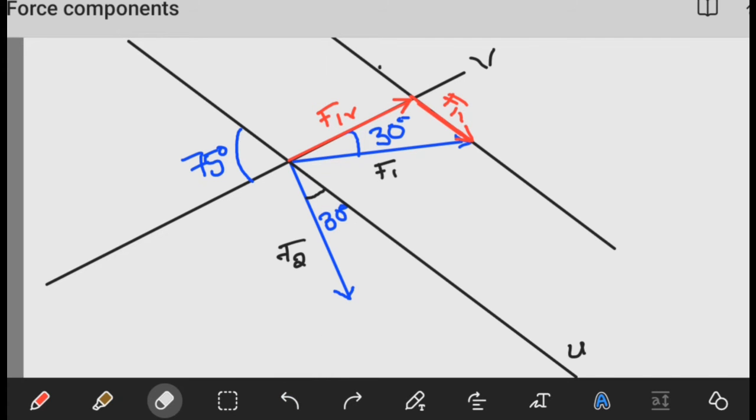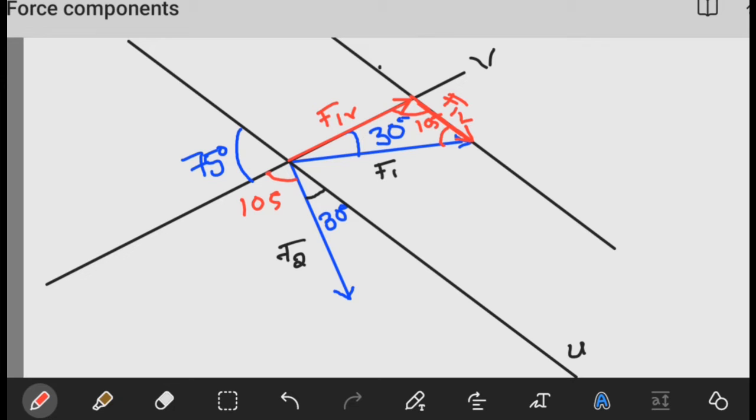Okay, so this is what we had. We've seen that this angle here is 105, and this angle inside here will also be 105. If this is 30, this is 105, well, I'm sure you can guess what this angle here is.